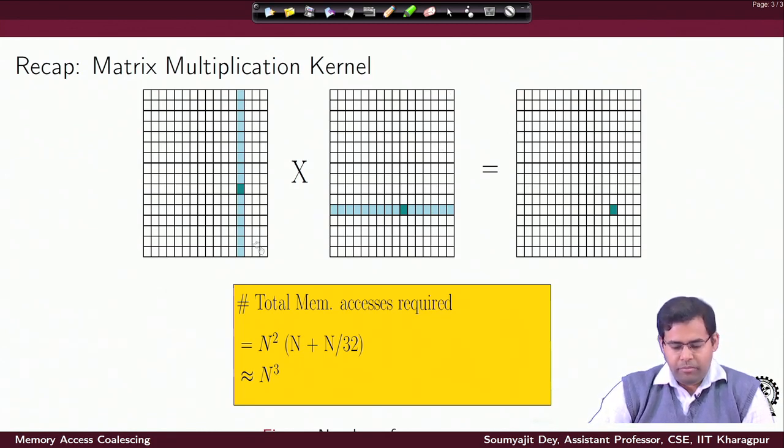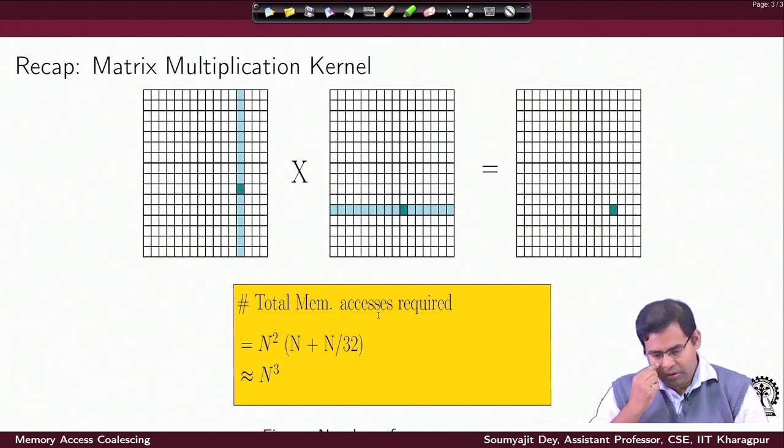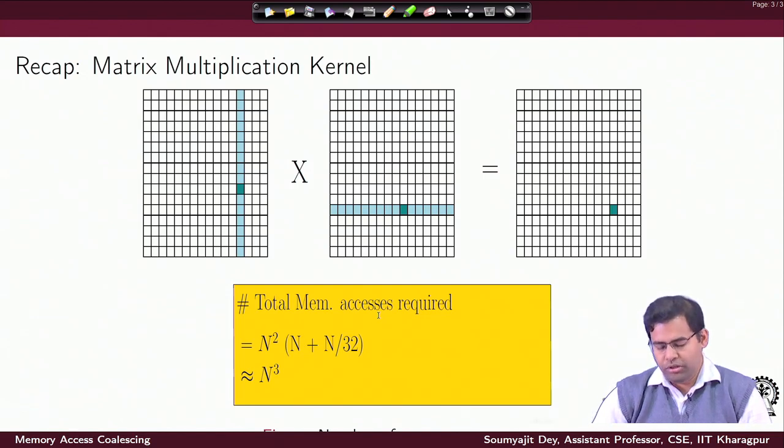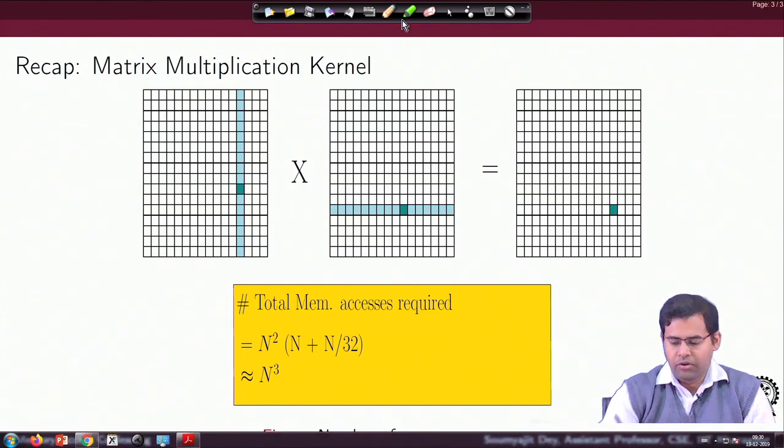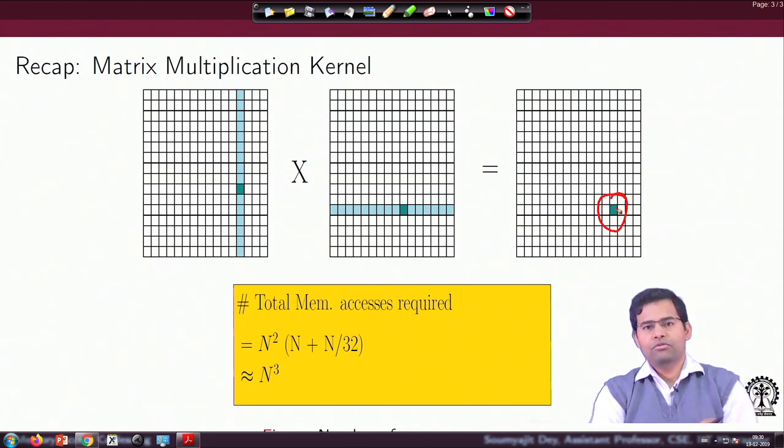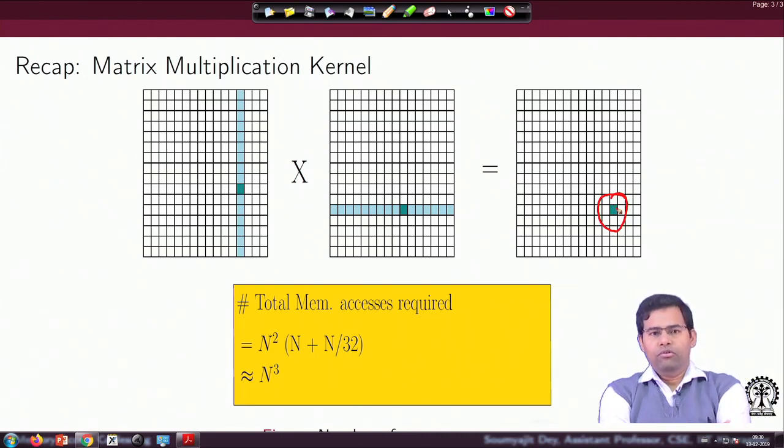So, just consider this picture flipped here. What would be the number of memory accesses required overall if I am doing a naive matrix multiplication computation? If I don't consider the global memory coalesced accesses, then for doing computation for each location in the output matrix, I need access to one column and one row of data.